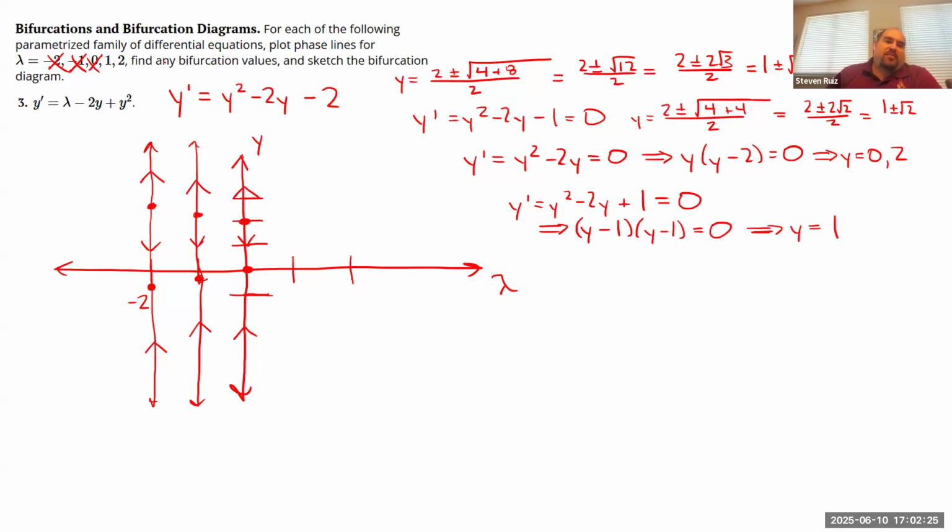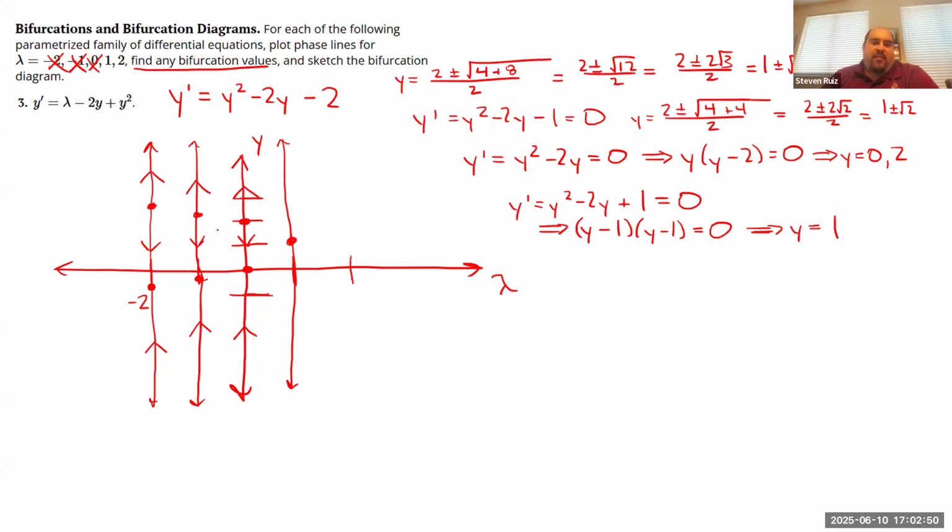So one of the things we were told is to find bifurcation values, and we have essentially stumbled upon one. So when lambda is equal to 1, we have found that y equals 1 represents the only equilibrium point.